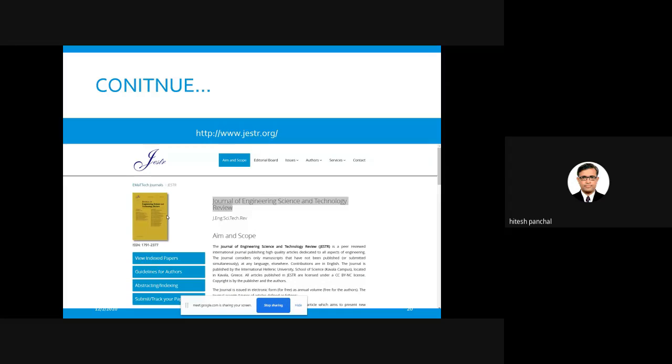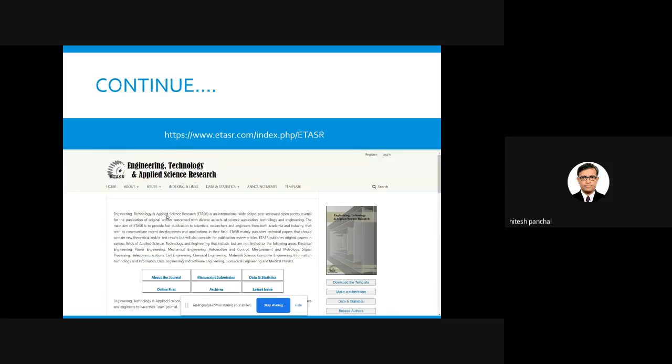Next one is called the Journal of Engineering, Science and Technology Review. This is a review journal, and it is also indexed in Scopus, and it does not require any charge. It is free publication. This is also a good journal. Next is Engineering, Technology and Applied Science Research.